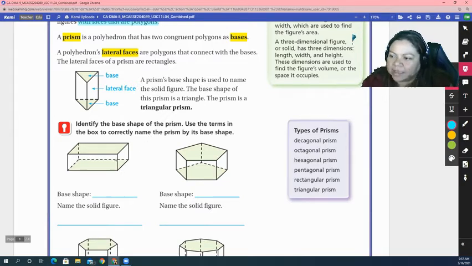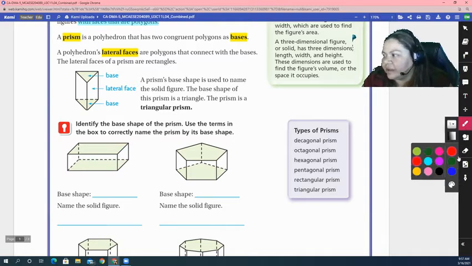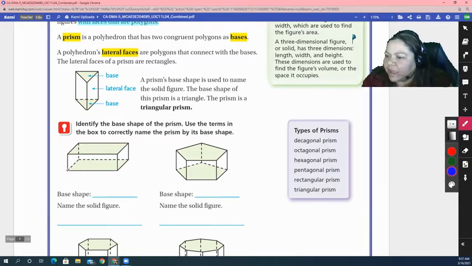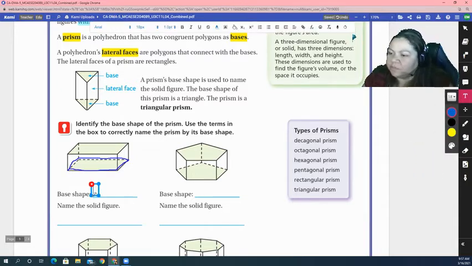So what is the base of this shape? The base will be the bottom where it's sitting, and of course that depends how you hold it. But here we have the base. And that shape, what is that shape? It's a rectangle, right? So the base shape is a rectangle.